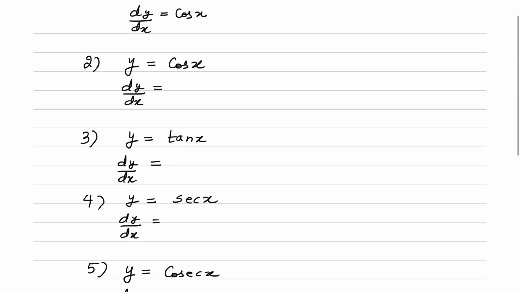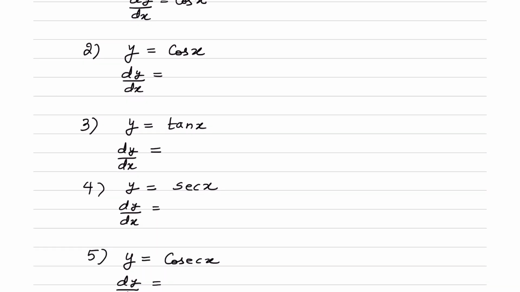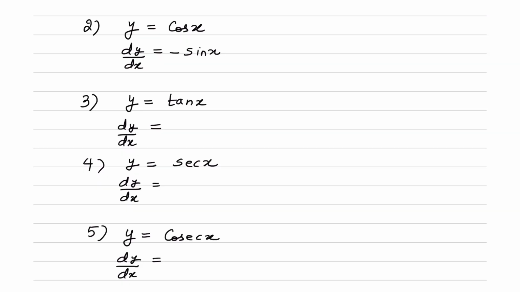If we have the function y equal to cos x, then its derivative is minus sine x. Just know that if a function starts with c, let's say here it's cos x, then its derivative will have a negative sign. Then we have the function tan x, its derivative is secant square x.